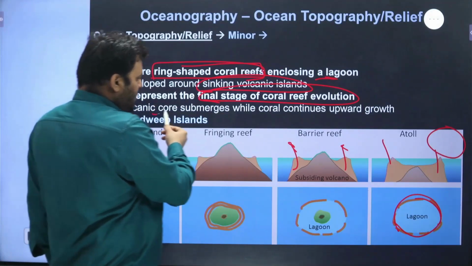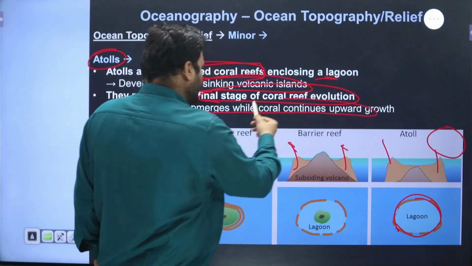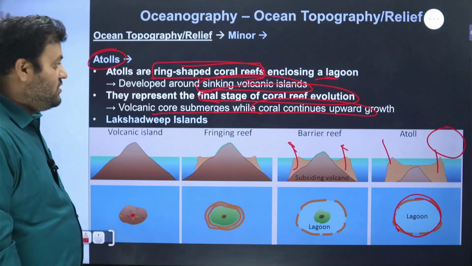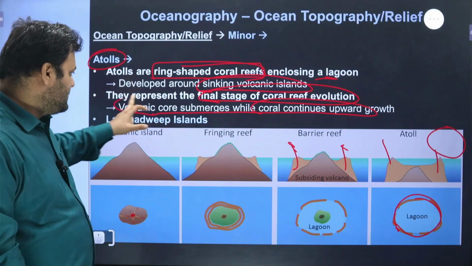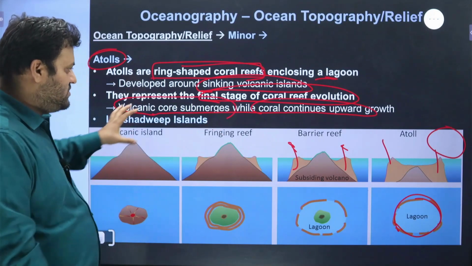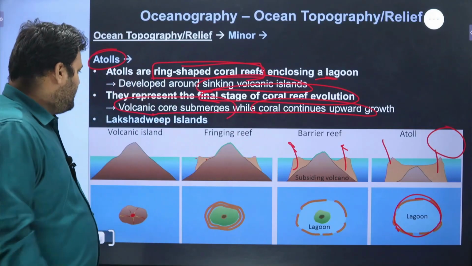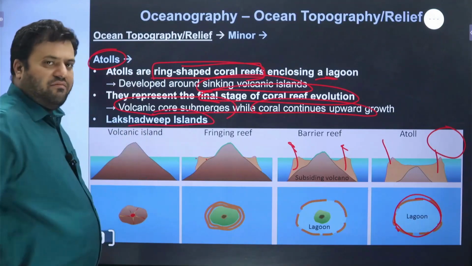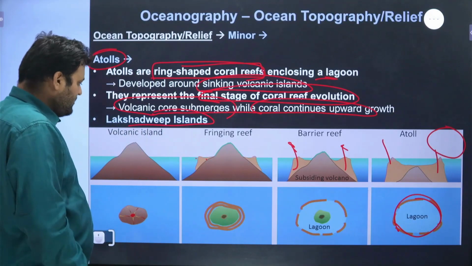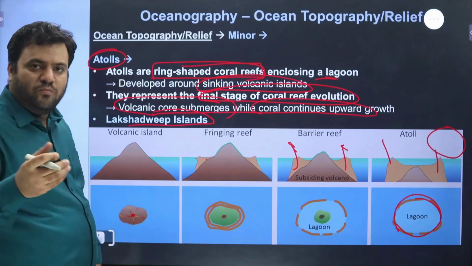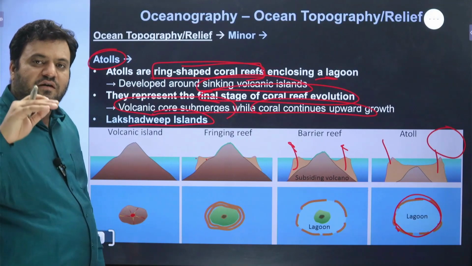If there is a volcanic core or volcanic mountain, that could submerge while the corals have continuous growth. Here you can see Lakshadweep Island in India has the same feature. So corals are polyps, and these polyps can survive in shallow water.